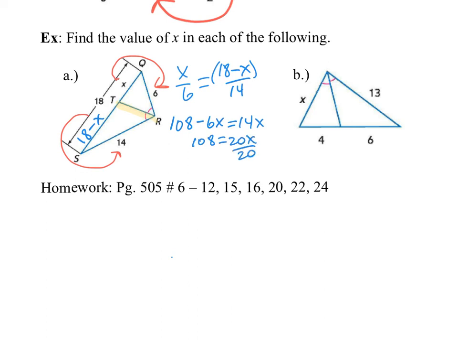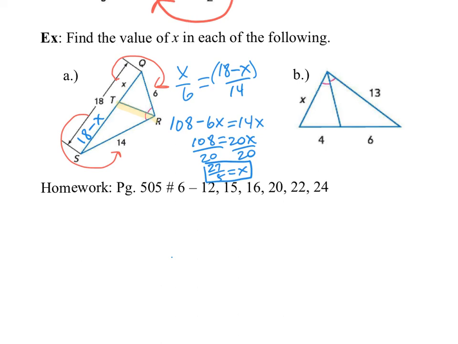We'll divide both sides by 20, and we get 108 over 20, which has a common factor of 4 and reduces to 27 over 5. We can just leave our answer like that, and since all we were asked to do is find x, we're done.